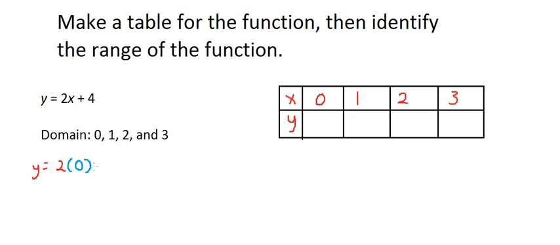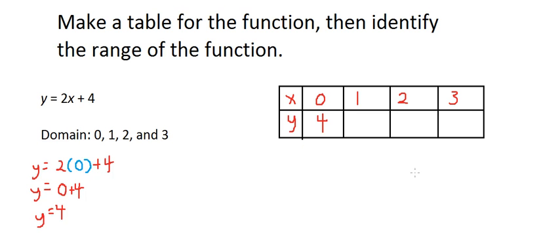And then we have the plus 4. Now we just simplify this. 2 times 0 is 0 plus 4, so y equals 0 plus 4, and then finally, y equals 4. So we're going to put a 4 corresponding to that 0 for the x. We've got that 4 for the y.